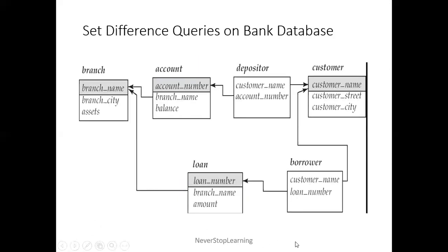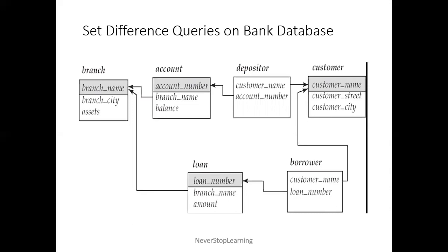So here, as you remember, in this entire lecture video series, I am following this particular bank database. All the queries I'm solving on this bank database only. Here we have 6 tables, and the underlined columns are the primary keys, and as the arrows denote, for example, in the branch table, branch name is a primary key.